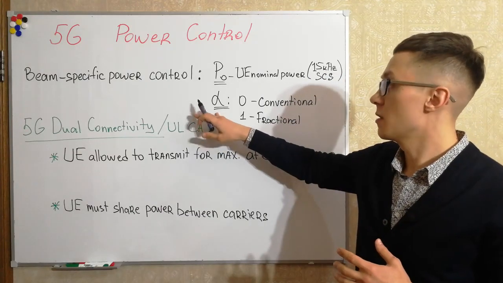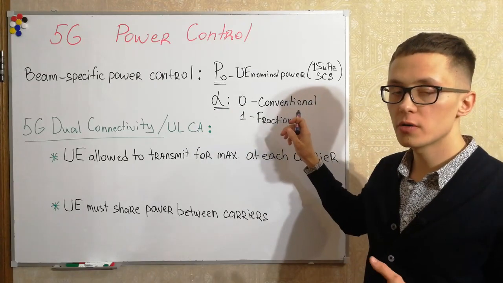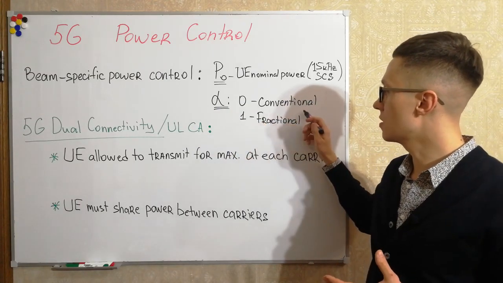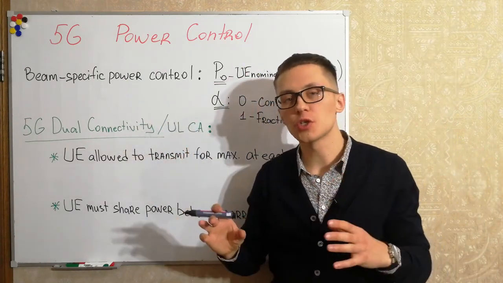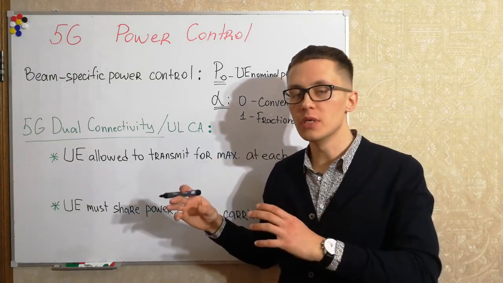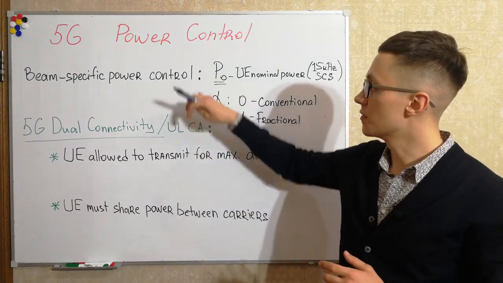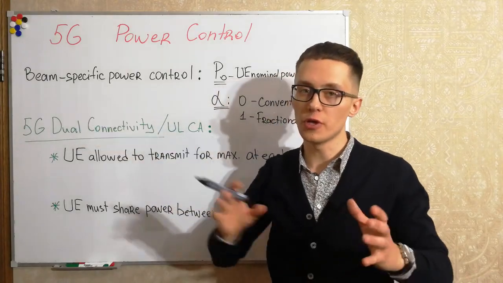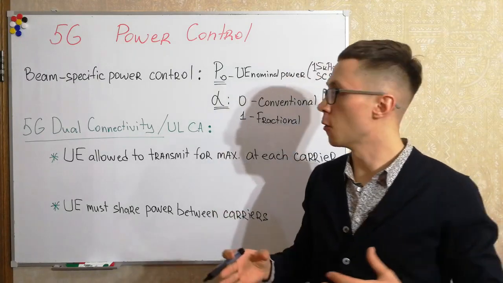And the alpha parameter: when 0, it means conventional power techniques, and 1 means fractional power. So in 3GPP you can find special formulas for each channel that contain P0 and alpha, and these parameters can be beam specific. So each beam can be set differently, at least it's supposed to be so.